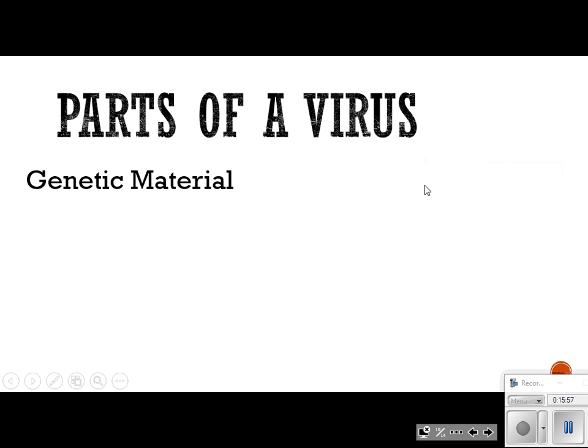The genetic material. We talked about the genetic material of the virus. We said, first of all, it could be what? It could be DNA or RNA. So it could consist of deoxyribonucleic acid, or it could consist of ribonucleic acid.